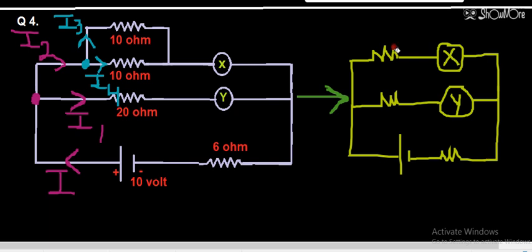Okay, now let's discuss this question. Students, this voltage is equal to 10 volt. This resistance is equal to 5 ohm. Now this 10 and this 10 will combine. 10 and 10 in parallel will give me 5 ohm. This resistance is of 20 ohm.